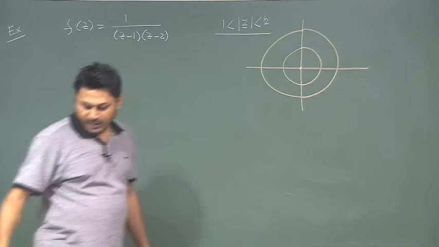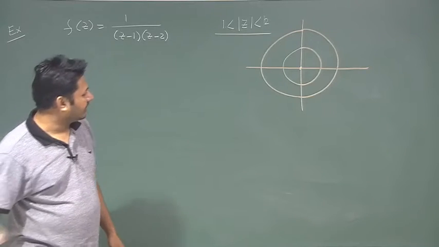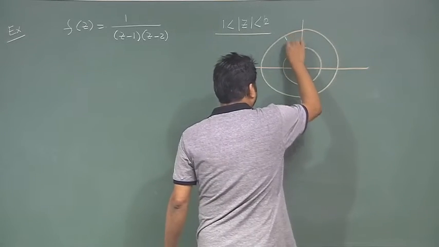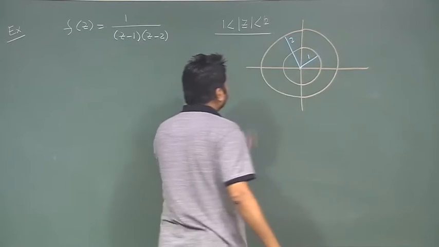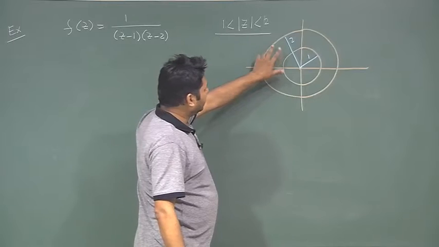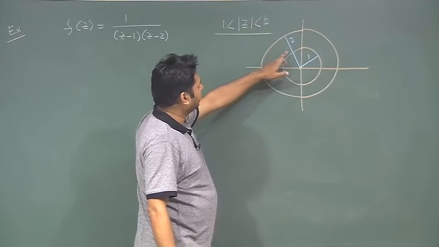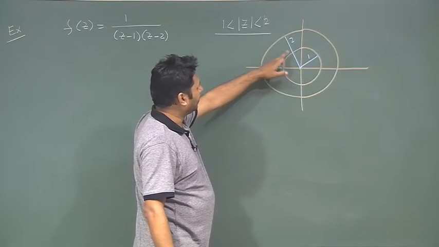Mod of z less than 2 means all the points inside the larger circle, and mod of z greater than 1 means all the points outside the smaller one.